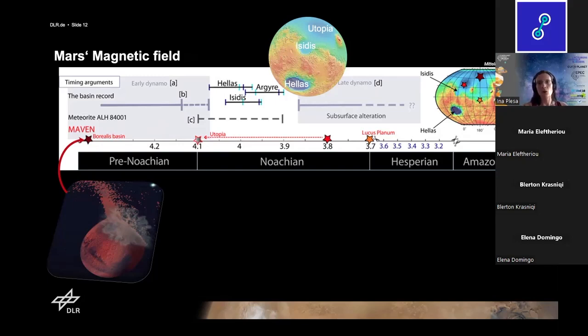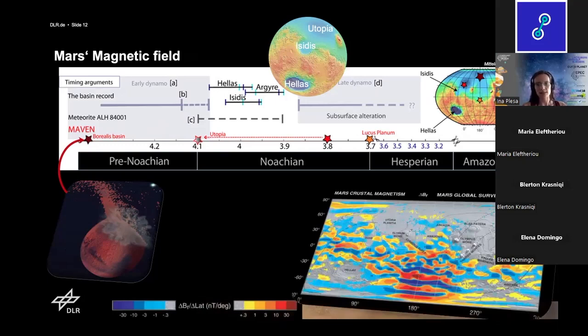And then later on, we see again regions that have been magnetized. This is Lucus Planum here. That is basically one of the youngest, one of the most recent regions on Mars that have a magnetic signature. So we can use this to provide a timeline of the dynamo on Mars.